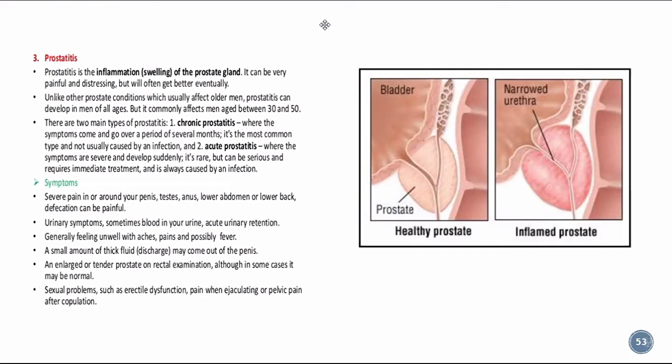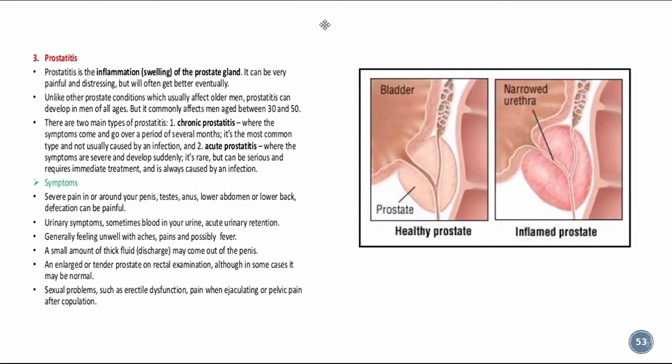Symptoms of prostatitis include severe pain around your penis, your testis, your anus, abdomen, and lower back, and you also have urinary symptoms. Sometimes you see blood in your urine. You also have urinary retention. You also have aches and pains in your body, possibly fever.